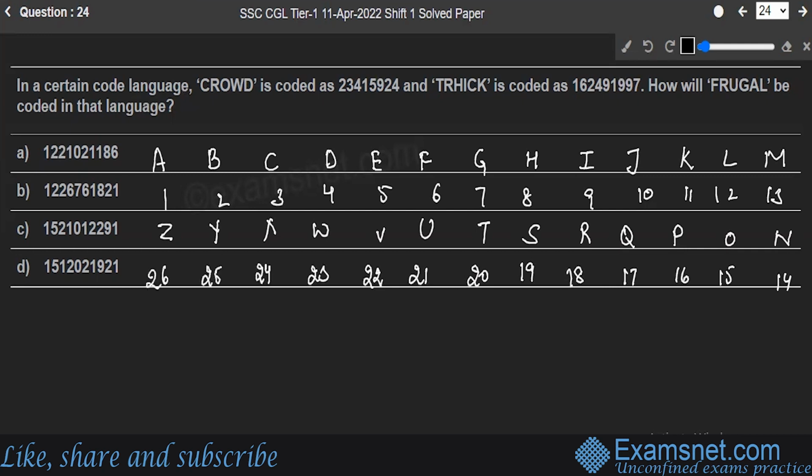All right. Now you have to look at what pattern is being followed in this question. There are 3 patterns being followed. If I'm looking at the word CROWD, you will see the vowels: their place values are coded as numbers.